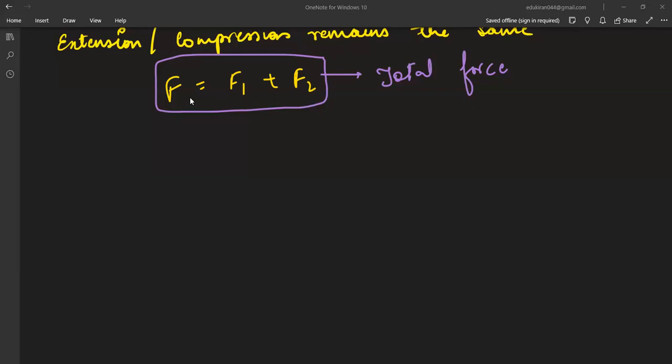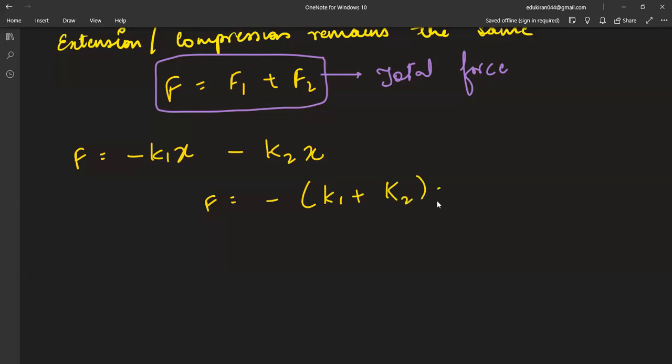F is equal to F1 plus F2. This is the total force. F is equal to minus K1x minus K2x. So F is equal to minus (K1 plus K2)x. So simply, K equivalent is K1 plus K2.